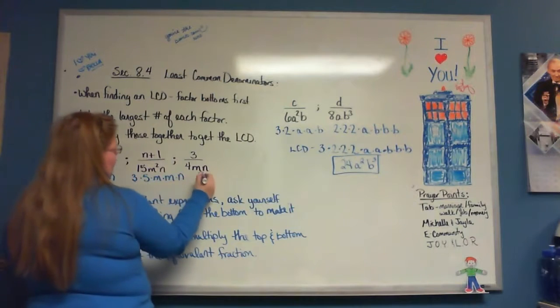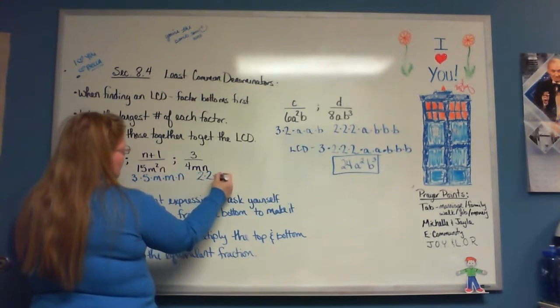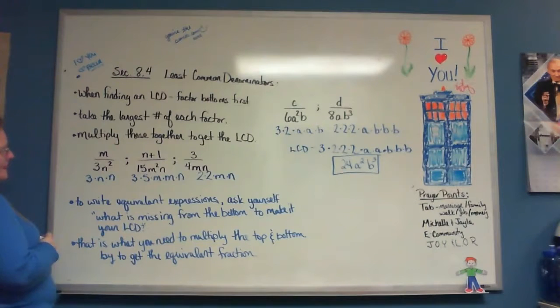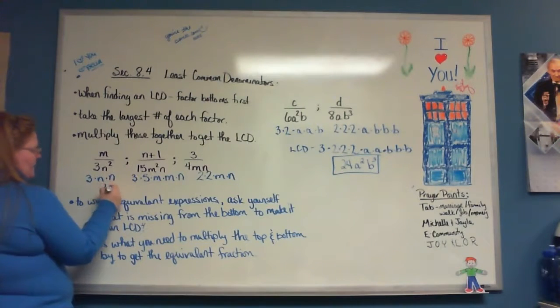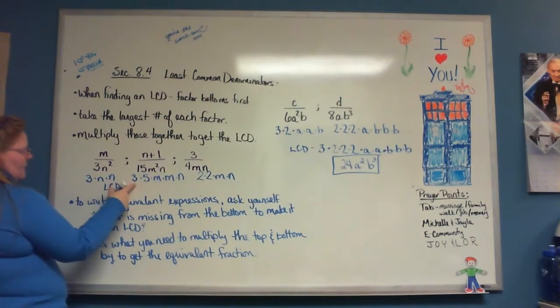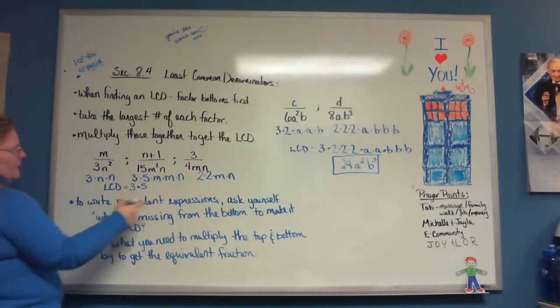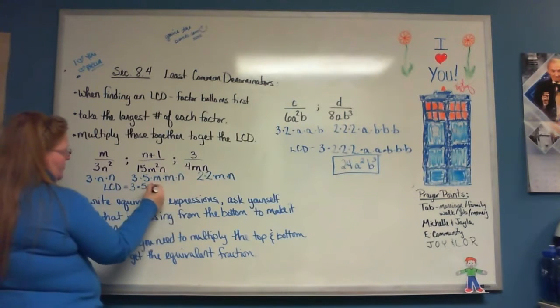And this is 2 times 2 times m times n. So your LCD is going to be 1, 3, because that's the most that we have. And then 1, 5, because that's the most that we have. And 2 2s.